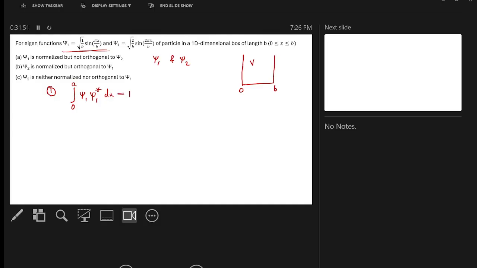Second, is the integral of psi2 star psi2 dx from 0 to a equal to 1? Third, the integral of psi1 psi2 dx from 0 to a must come 0 to be orthogonal. We will solve first, second, then third.